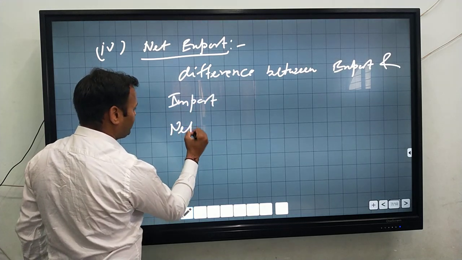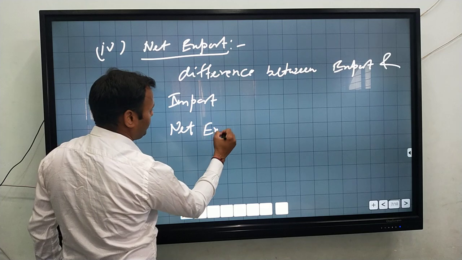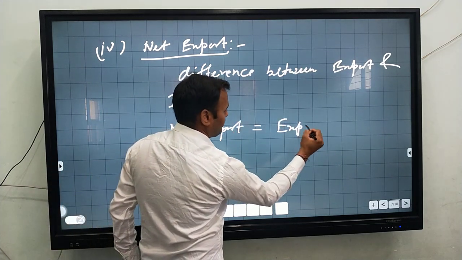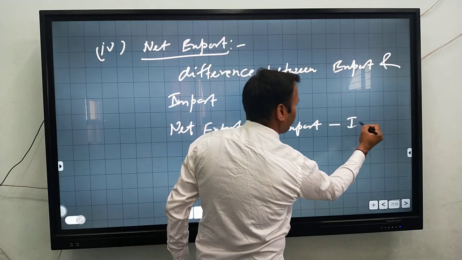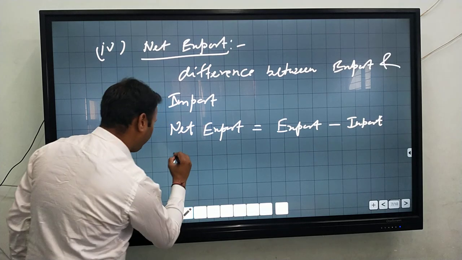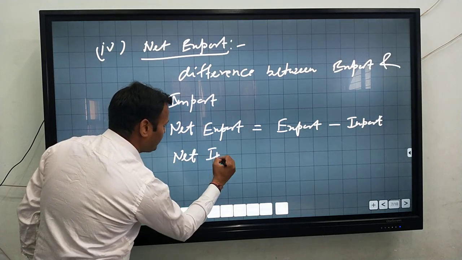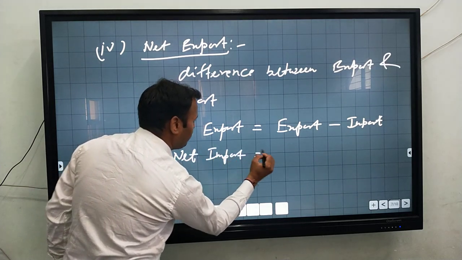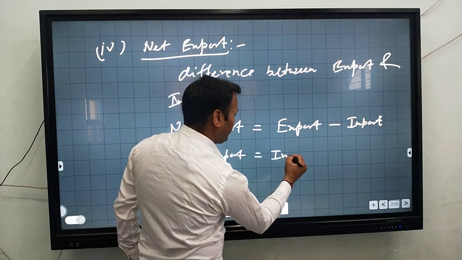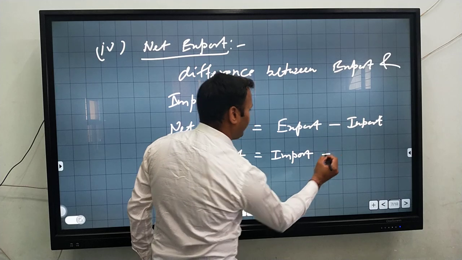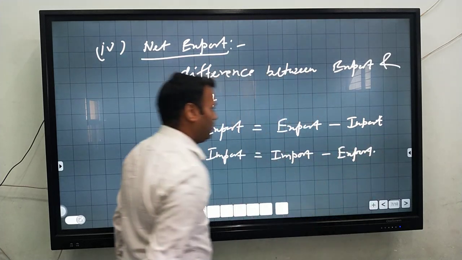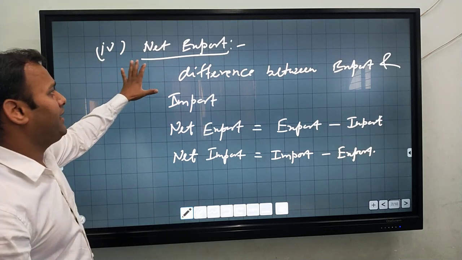Okay, so you can write here net export is export minus import. Okay, if net import is given, then the formula will be reversed. So here net import is equal to import minus export. Okay, so this is the net export.